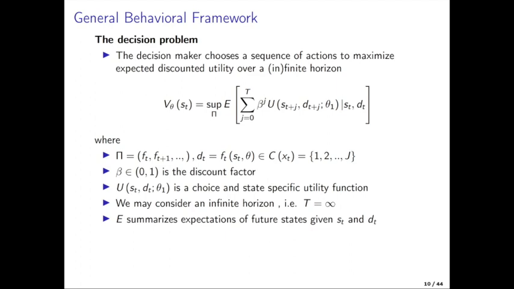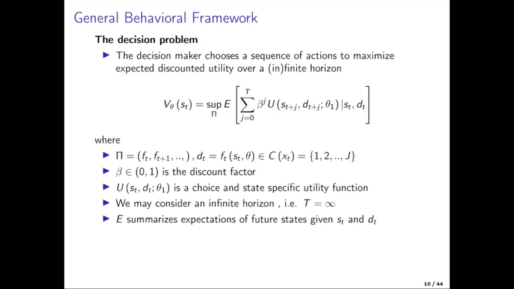Now that was the core parts of the engine replacement problem. We're going to now talk a little bit more generally, and then we'll turn to the engine replacement problem later. But what Harold Zurcher is doing here is that the decision maker is choosing the sequence of actions to maximize the expected discounted utility over some horizon.